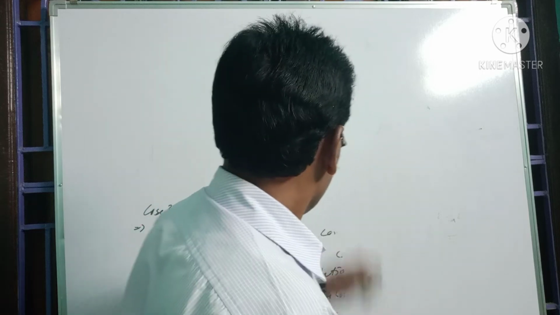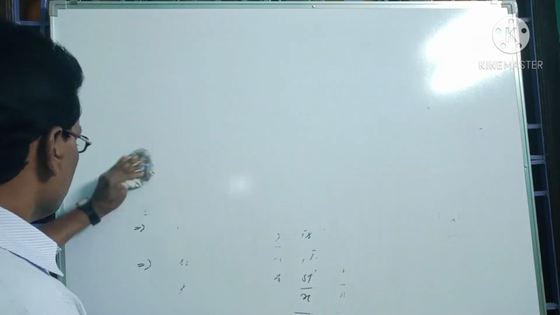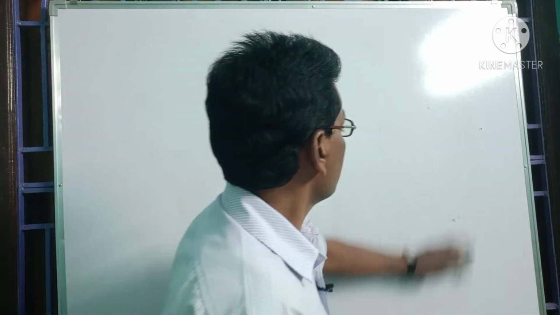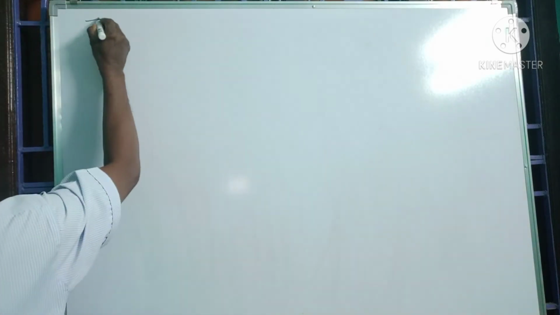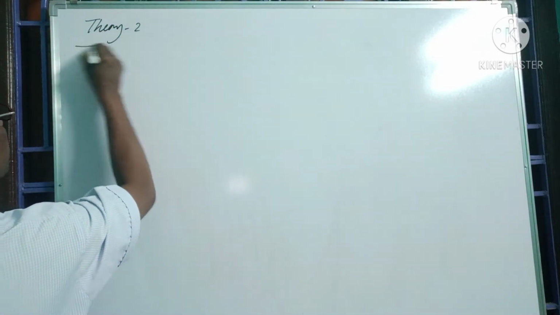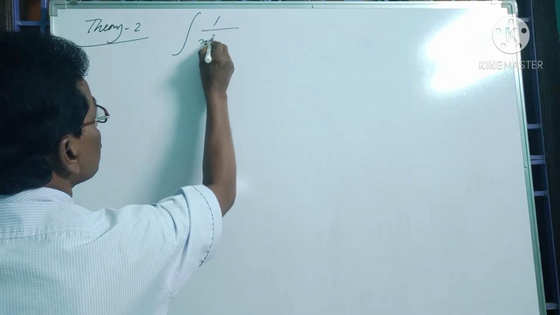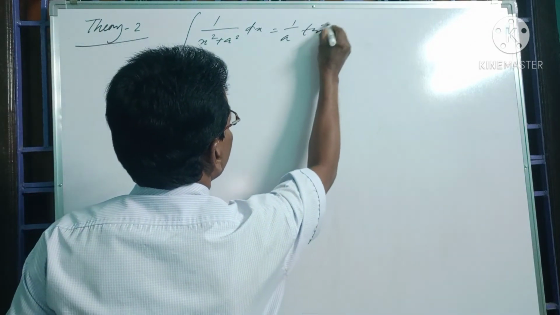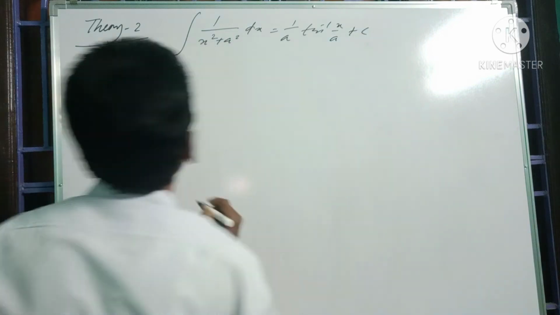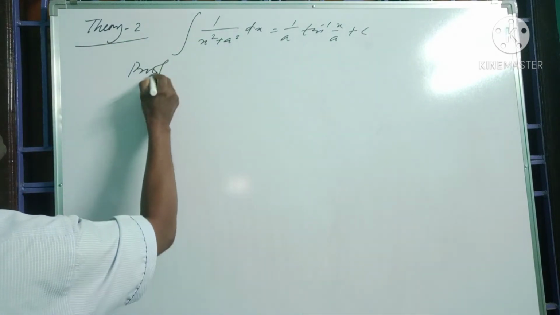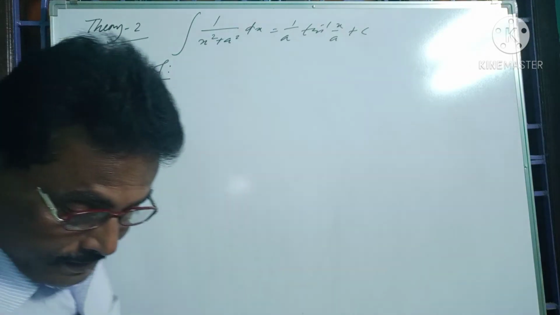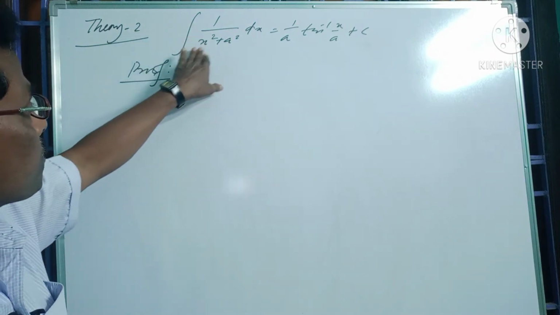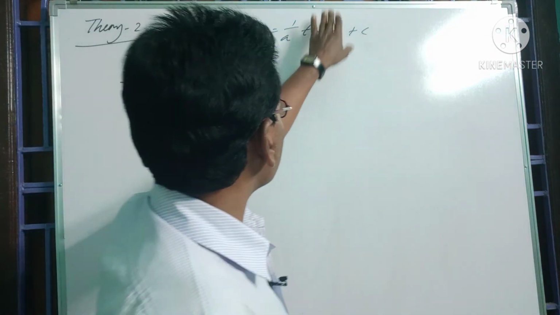So we have theorem 2, that is, the integration of 1 by x square plus a square with respect to x is equal to 1 by a tan inverse of x by a plus c. Let us try to prove this formula.